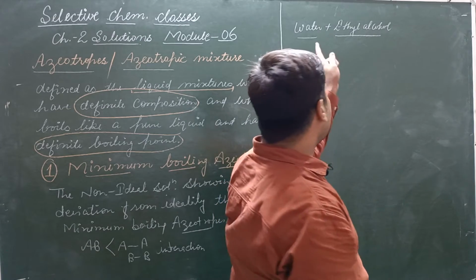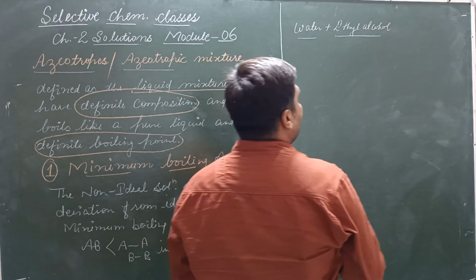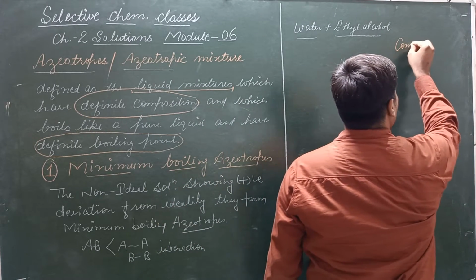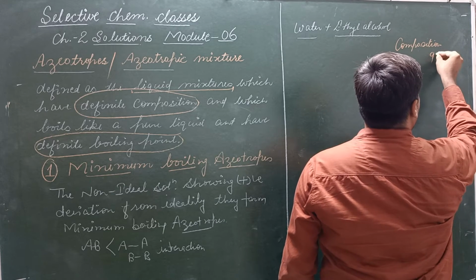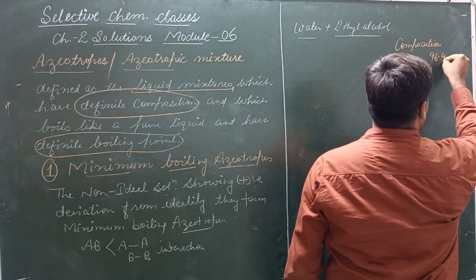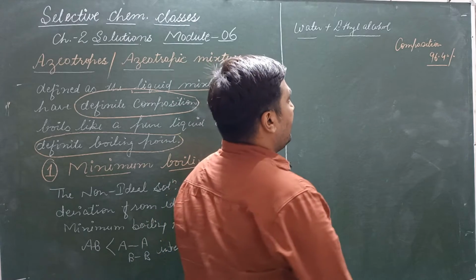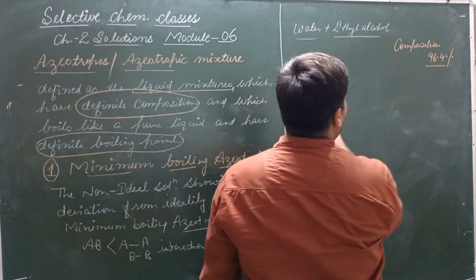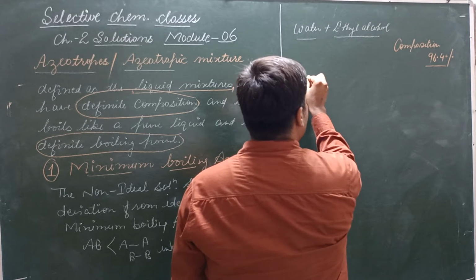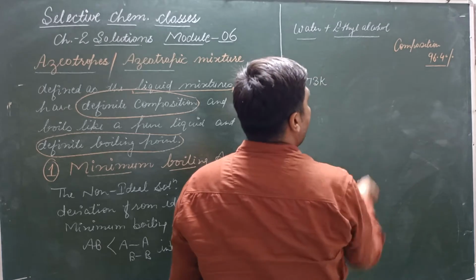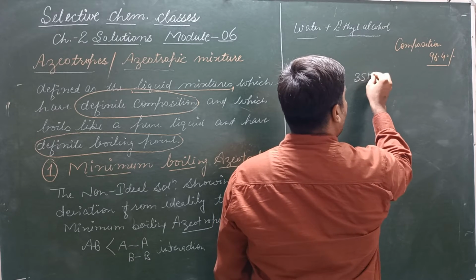Here, this is called an azeotropic mixture and it has a definite composition, that is 96.4%. Water has a boiling point of 373 Kelvin. Ethyl alcohol has a boiling point of 351.3 Kelvin.